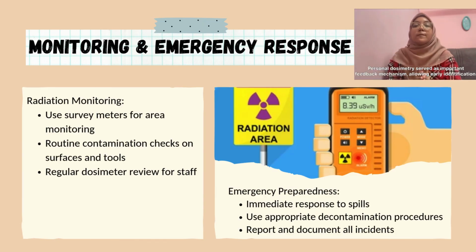Personal dosimetry serves as an important feedback mechanism, allowing early identification of increasing exposure trends that may require intervention or workflow modification. In addition, effective workplace safety requires a comprehensive emergency response plan. This includes established procedures for managing spills, immediate decontamination methods, isolation of the affected area, and proper incident documentation. A timely and well-coordinated response to emergencies helps prevent minor incidents from escalating into significant hazards.